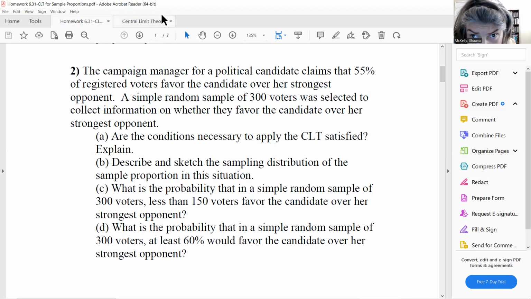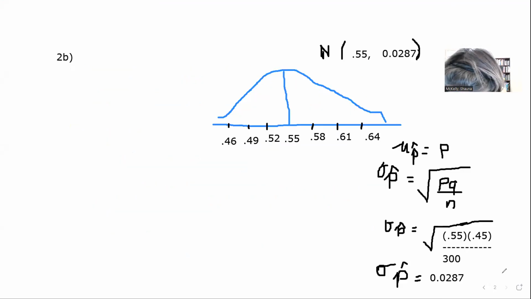So if we go to our whiteboard and we're looking at the probability of X is 150 voters, okay?